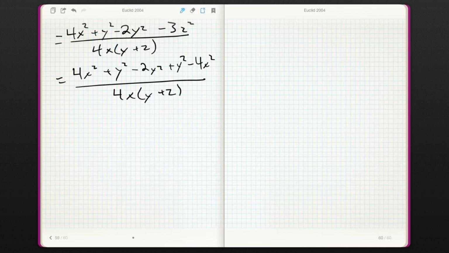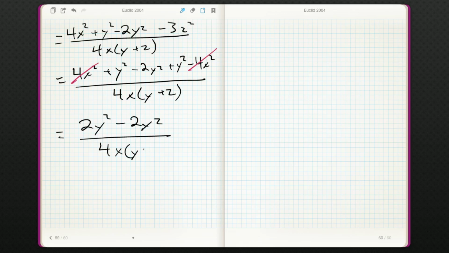Did I say 4xy? Y squared minus 4x squared. Alright, so some other things are now canceling. And we can group the 2y squared together, minus 2yz over 4x(y plus z).